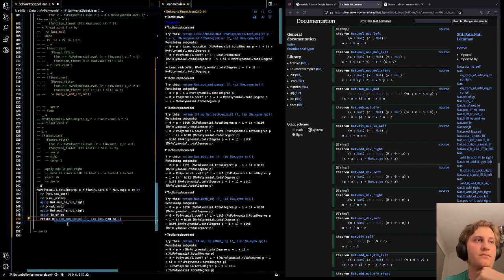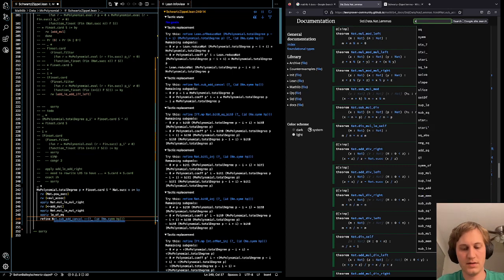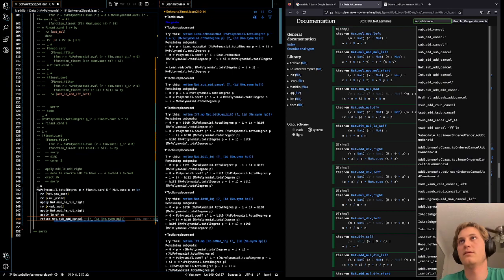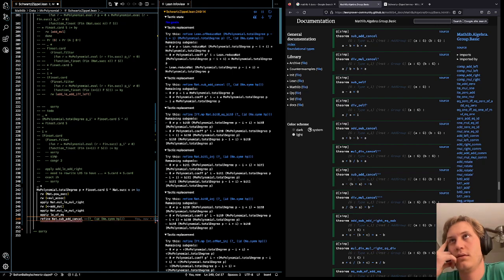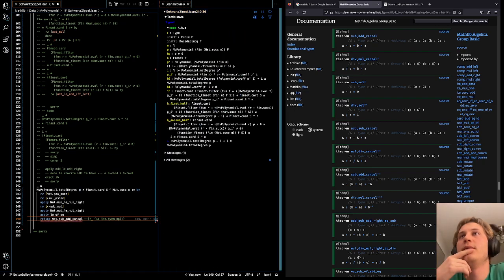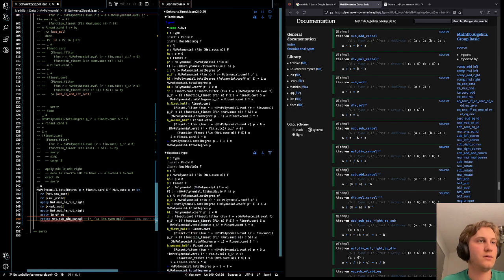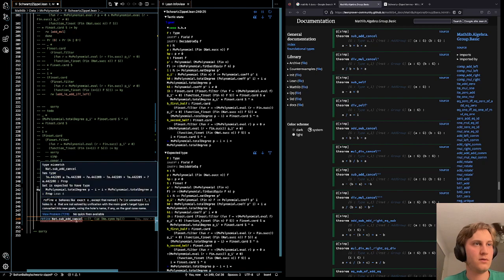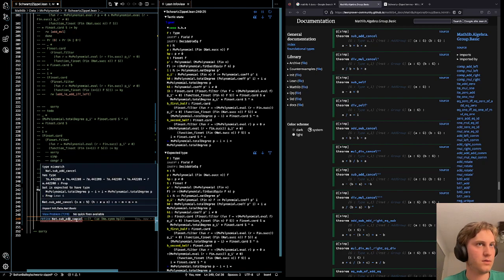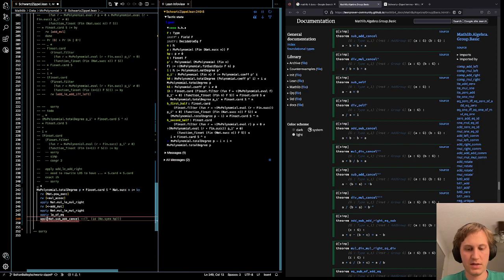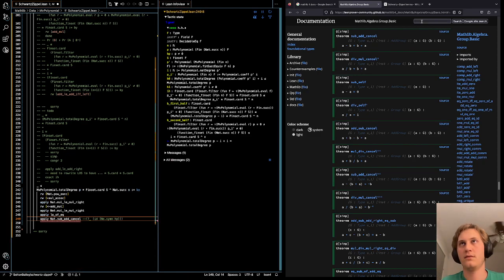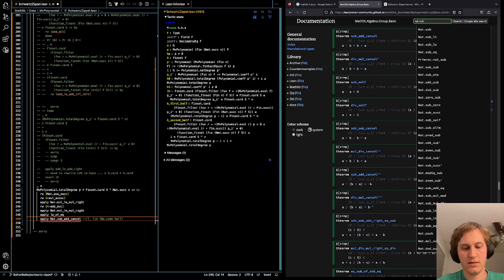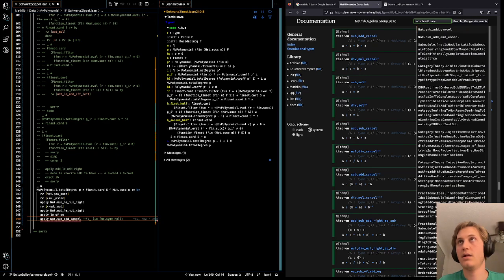This looks right. Can I just use sub_add_cancel? Sub_add_cancel. Yeah. And that does the add cancel, right? This is apply Nat.sub_add_cancel.